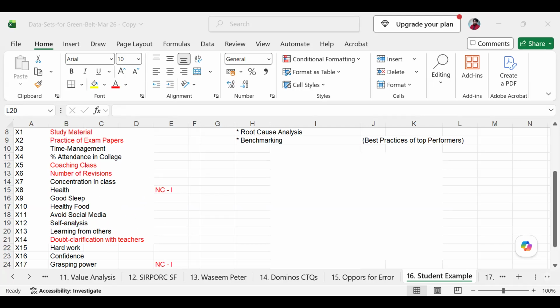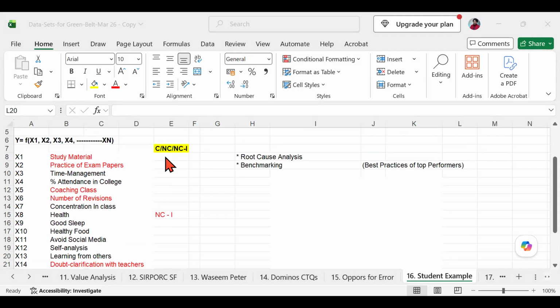If he takes care of this, he has the proper study material, he practices the exam papers, he attends coaching classes, he does number of revisions, he clarifies doubts with his teachers, or let us say what Mr. Costa has added, like time management, his attendance in college, that also can be critical to process.